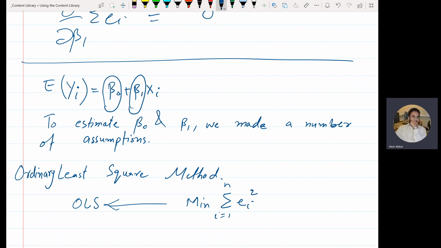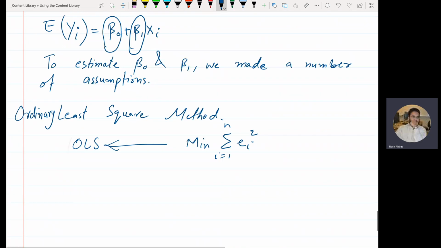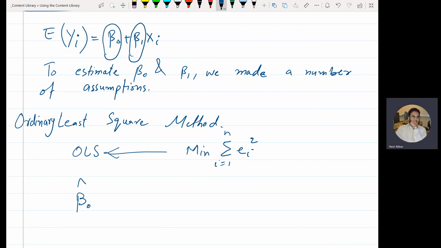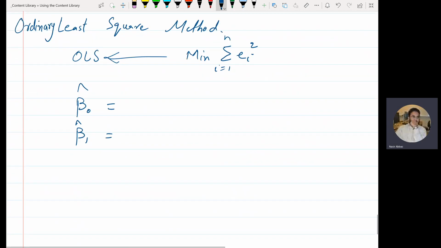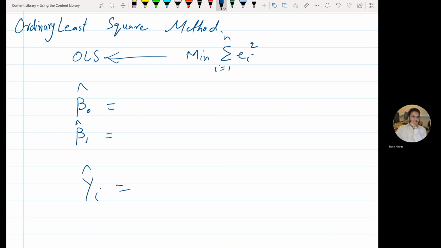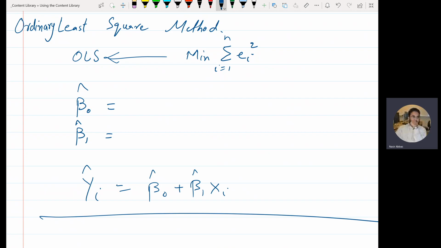And after solving the equations, we will get to this, and we will get to this. And finally, we will write this. End of story.